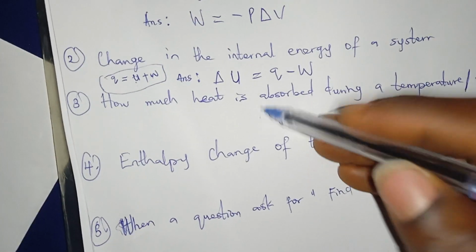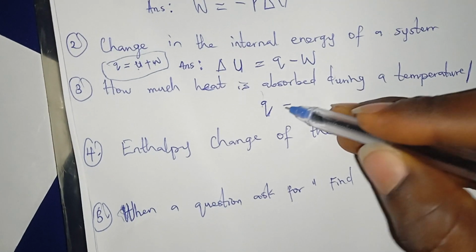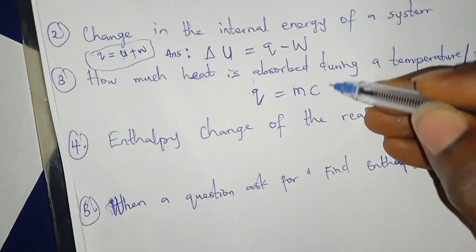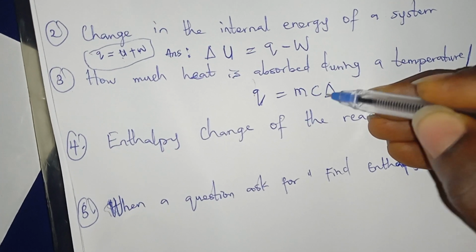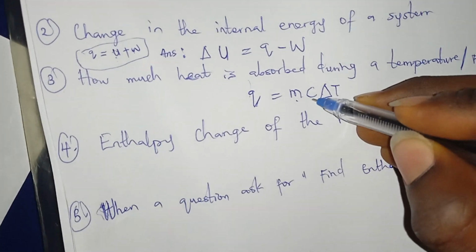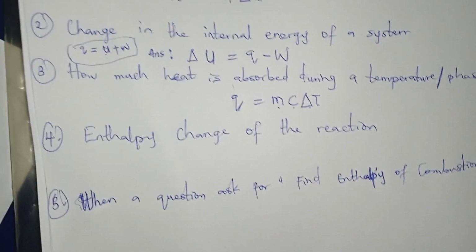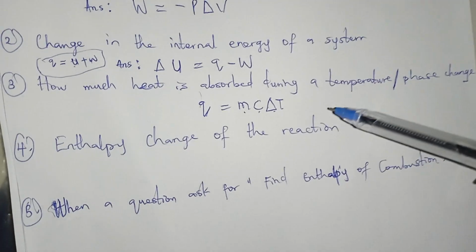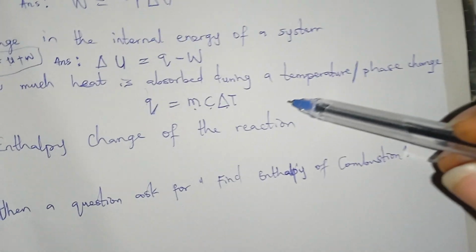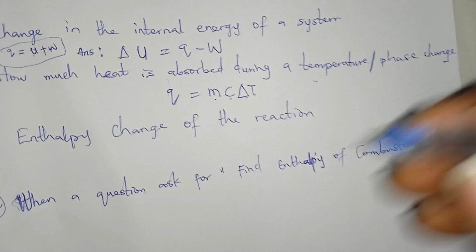To calculate heat absorbed, Q is going to be m c delta T: mass, specific heat capacity, change in temperature. This is the formula you use for any question that asks you to find heat absorbed with a temperature change.